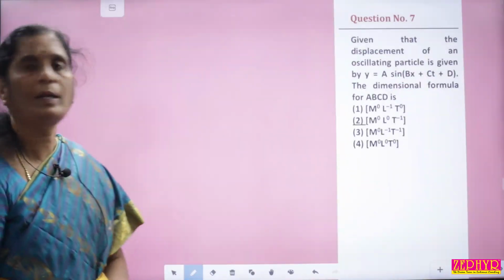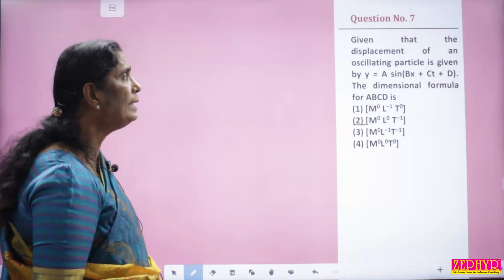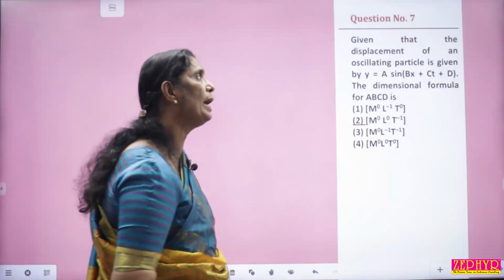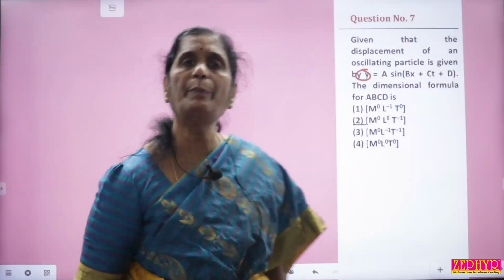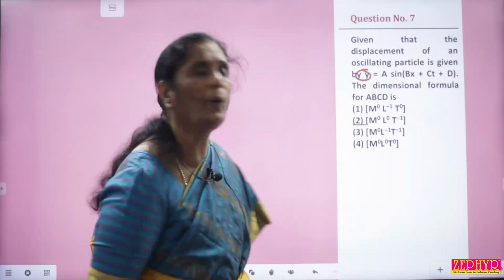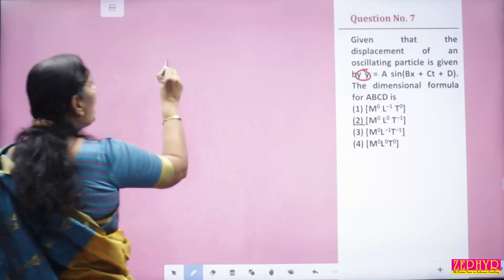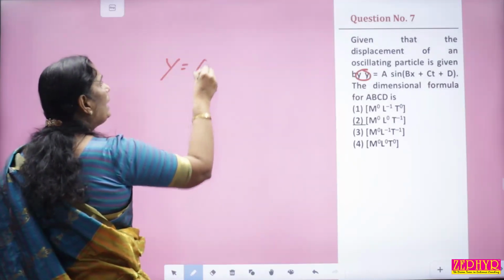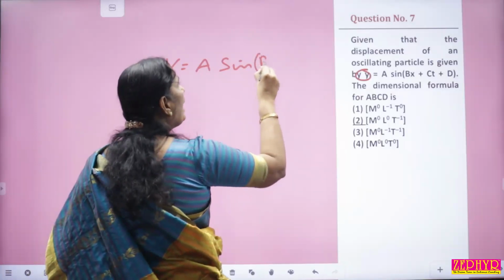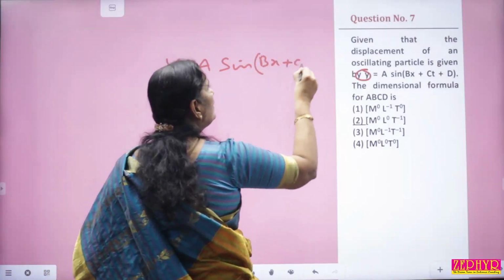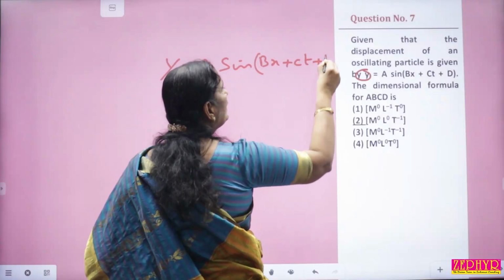Next question. Come on. Given that the displacement of an oscillating particle is given by, what is y? Y is the displacement of the particle moving in SHM, and it is given by y is equal to a into sine of (bx plus ct plus d).